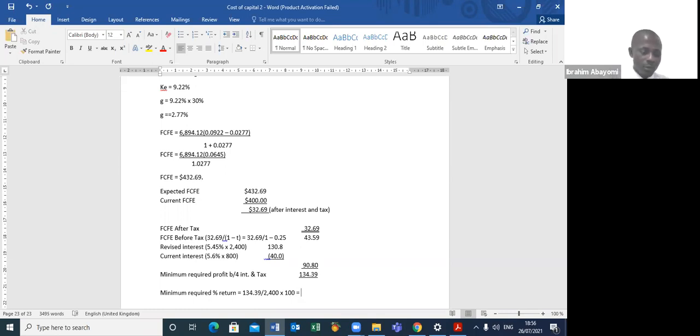So let's compute it. 134.39 divided by 2,400 times 100 is approximately 5.6%. 5.6% is the minimum required return on the new debt before interest is paid.